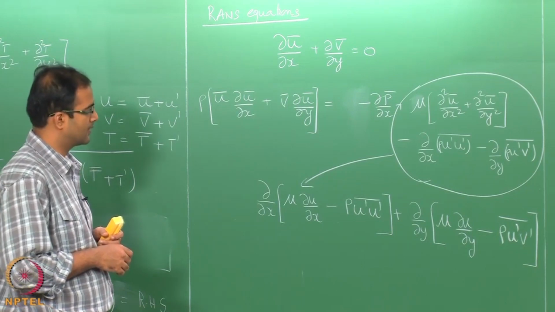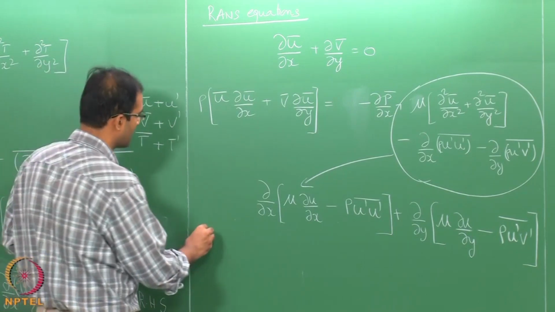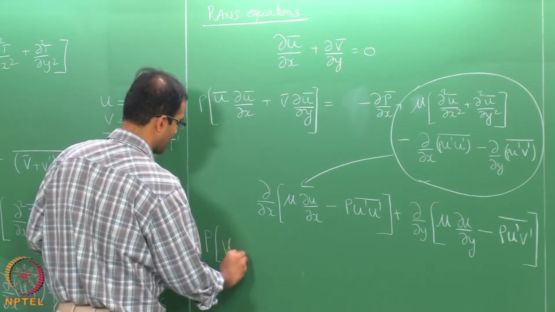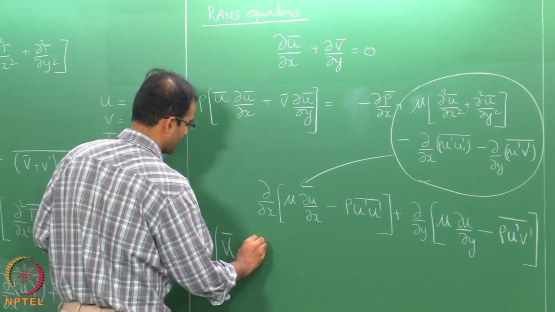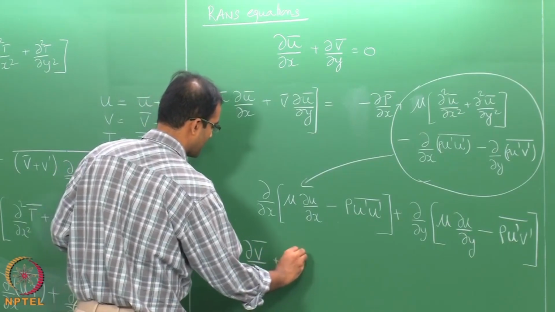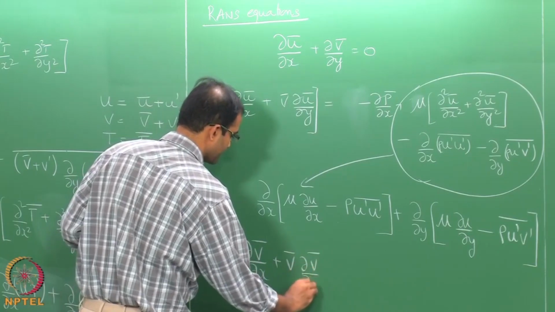Similarly, the V momentum equation. So, rho into u bar dv bar/dx plus v bar dv bar/dy.